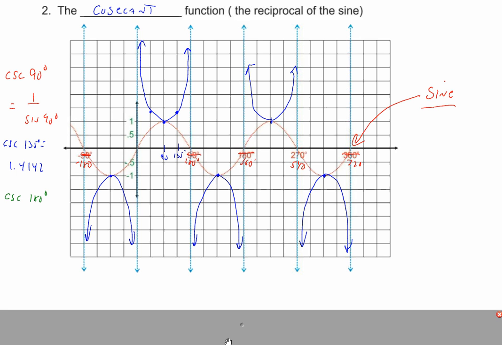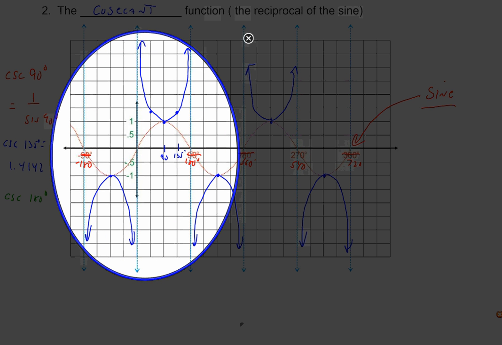You can do that from every max or min. And the one on the bottom left and the one on the top right is one complete cosecant. It's also got a period of 360 degrees, just like the sine does.